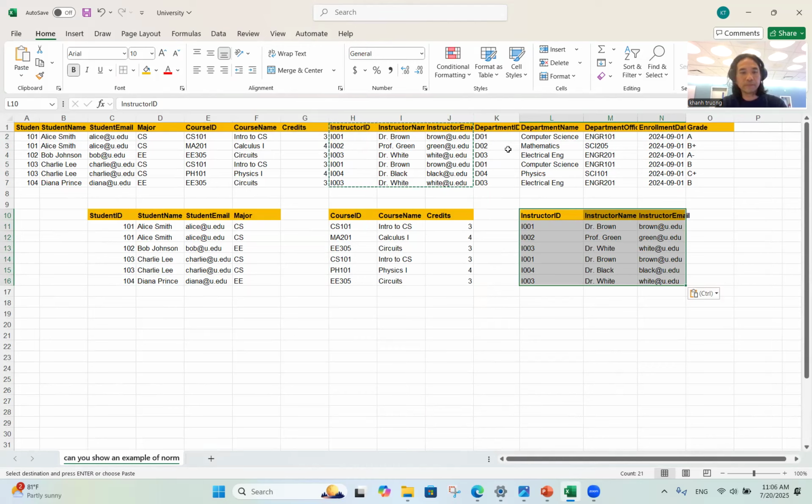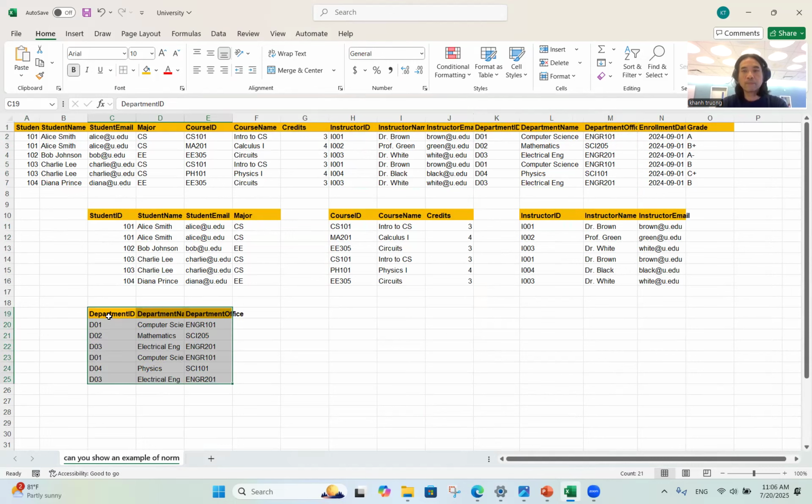And you have the department. And then enrollment is for the student. It has to do with the courses that the specific student enrolled in, and the grade for that particular course.